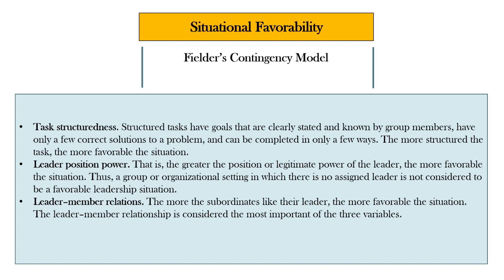Thus, the group or organizational setting in which there is no assigned leader is not considered to be a favorable leadership situation. For the leader-member relations, the more the subordinates like their leader, the more favorable the situation, and the leader-member relationship is considered the most important of the three variables.